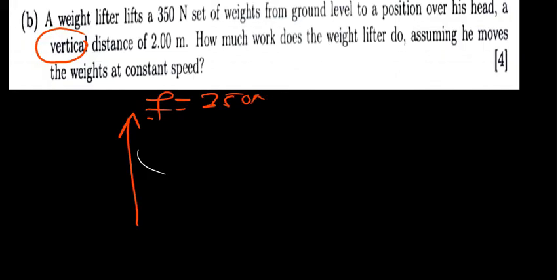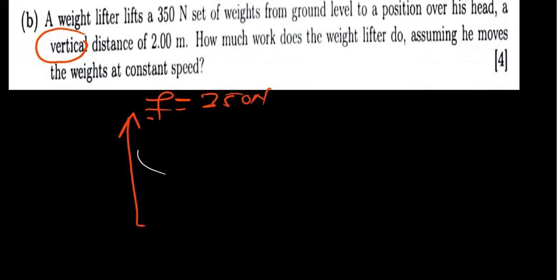Have you heard the question? Some people are saying they didn't understand it. This is the only key point here: the force was moving in this direction, but the distance is vertical. If this is the force, which is 350 newtons, they are saying the distance is vertical. There is vertical and horizontal, unless they say horizontal.